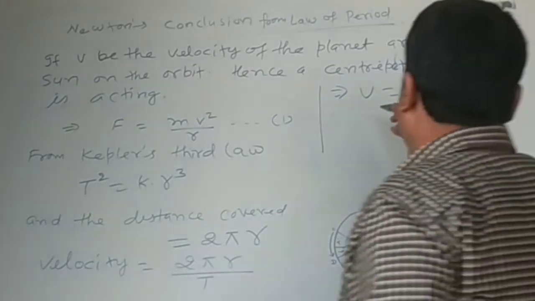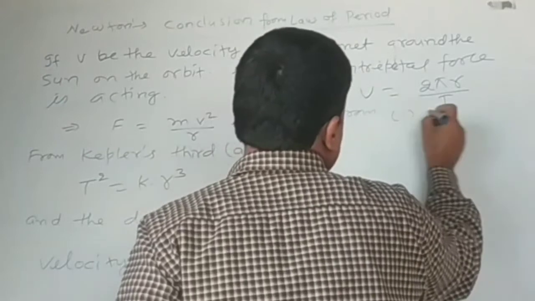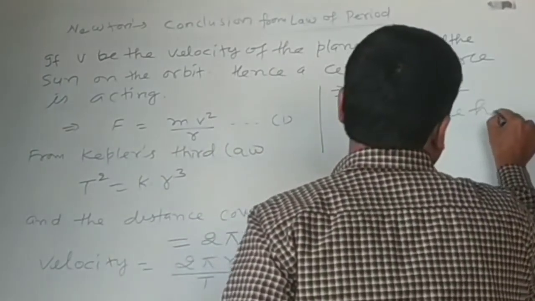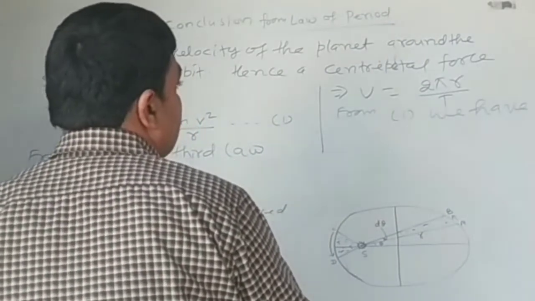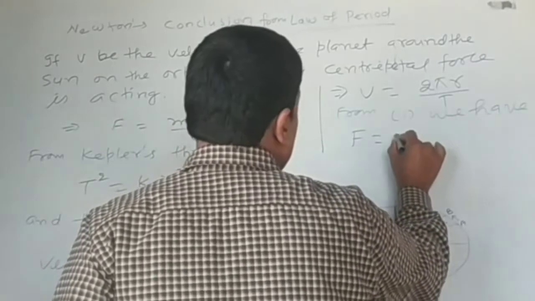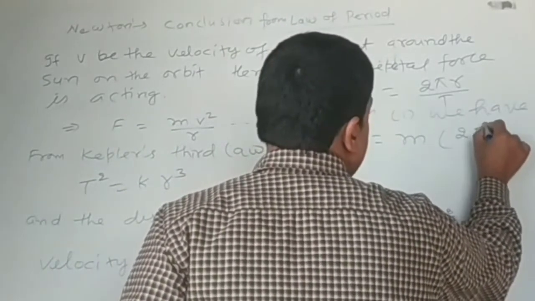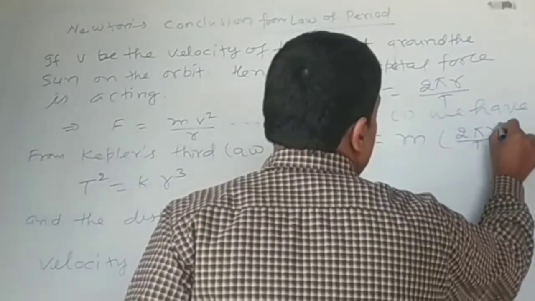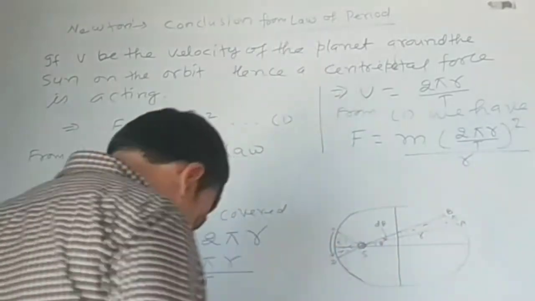Okay, according to equation 1, F is equal to m into (2 pi r by T) whole square upon r. Okay?